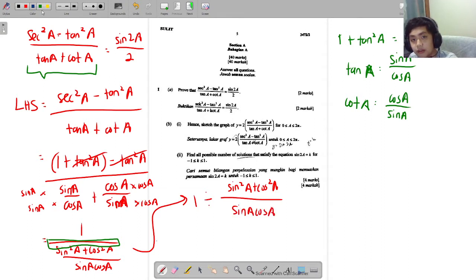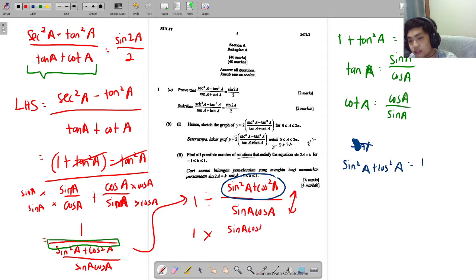And from here, I will be able to use another identity, which is sine² a plus cos² a equals 1. So I'll be converting this to 1, and it'll be 1 multiplied with, this one flips, so it'll be sine a cos a over 1. So from here we have just sine a cos a.